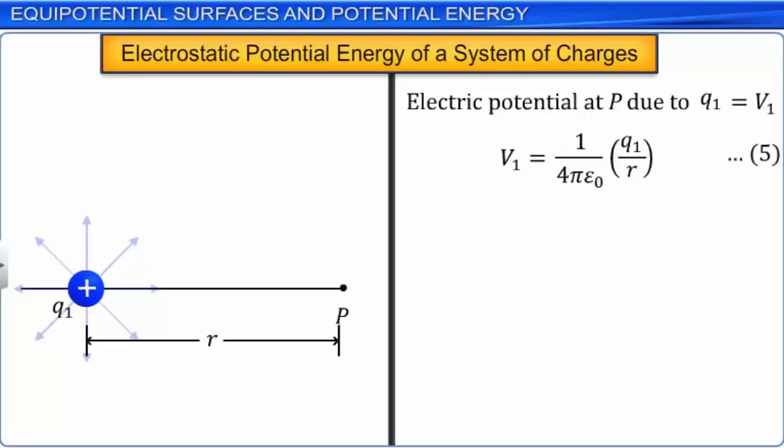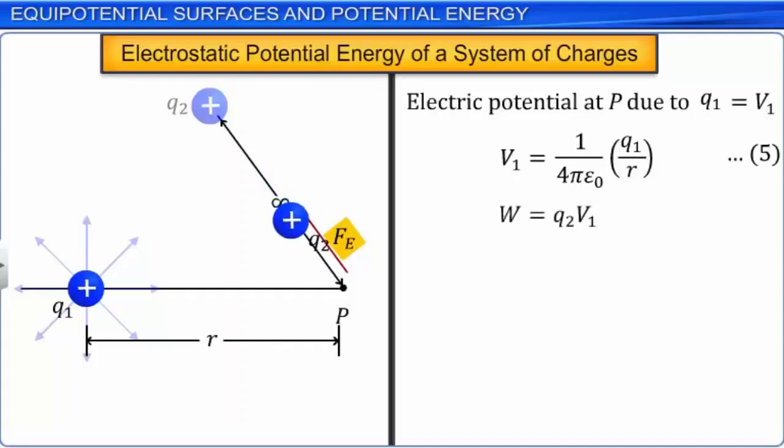Now, to bring a charge plus Q2 from infinity to point P in the electric field against the electrostatic force, the work done W is equal to Q2V1. Let this be equation 6.